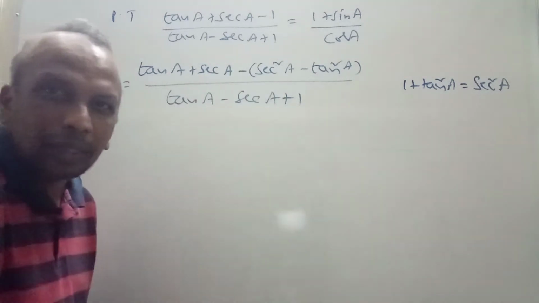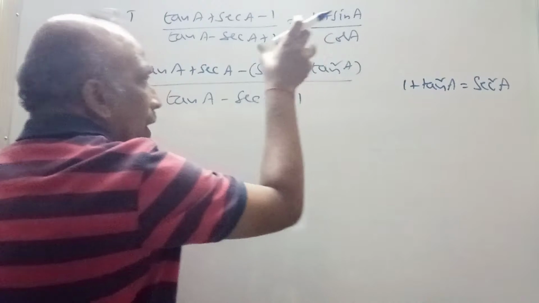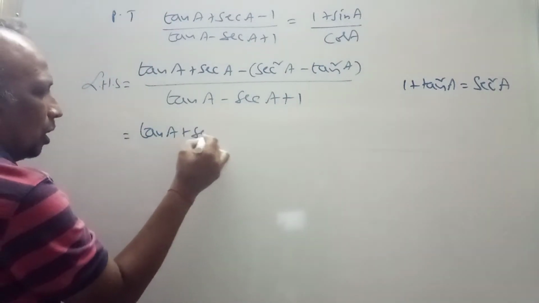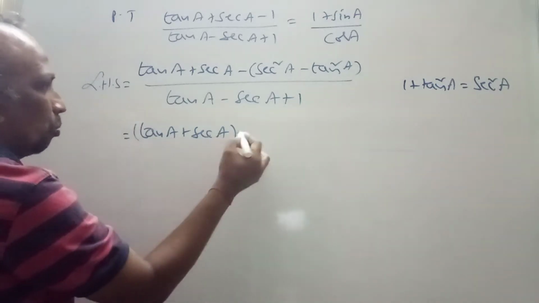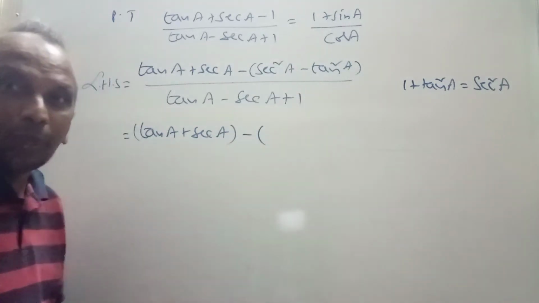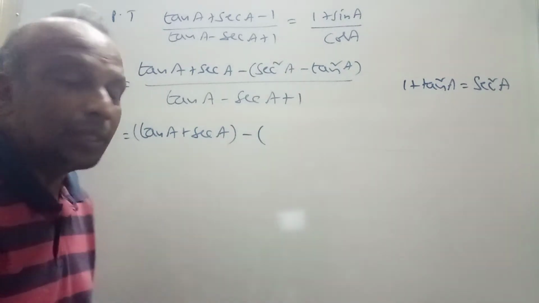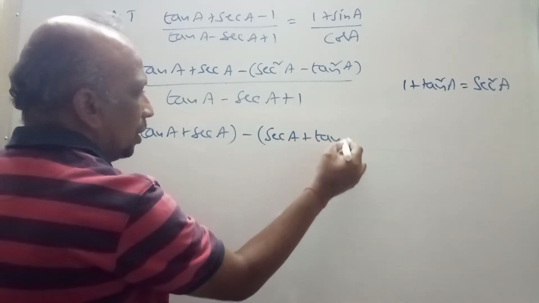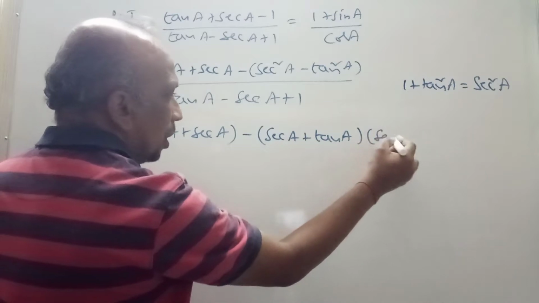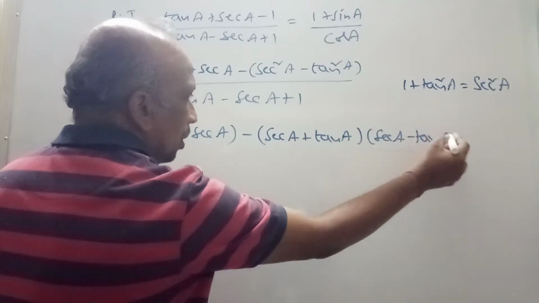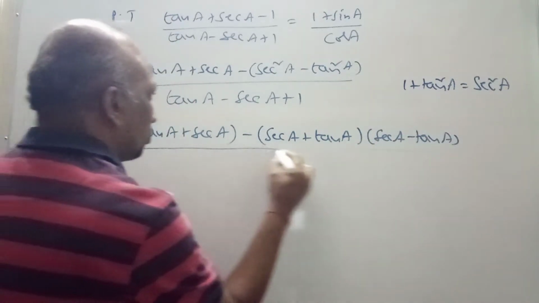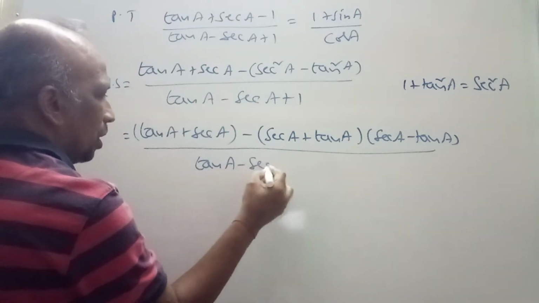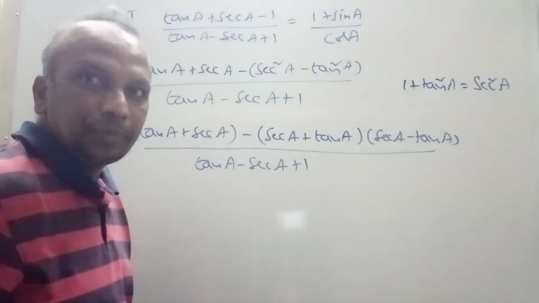I have taken LHS, right? I am going to prove RHS. From this identity I have replaced here. Now tan A plus secant A minus, this is like A square minus B square, so I can split it into A plus B times A minus B. This I can write as secant A plus tan A into secant A minus tan A by tan A minus secant A plus 1.